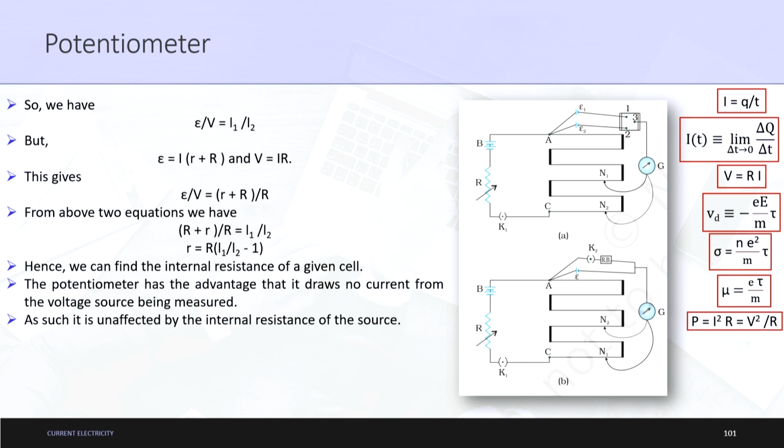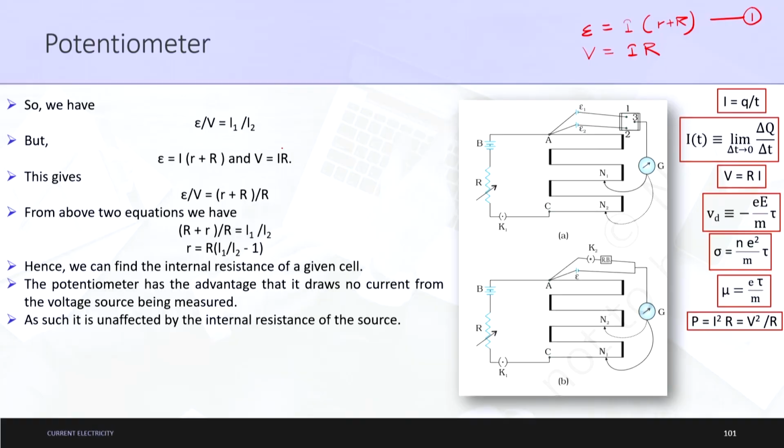Now, this epsilon is equivalently passing through a resistor of resistance small r plus capital R. But this potential difference V is only and only due to the capital R value here. This is a very important point. We know that the complete EMF is a complete utilization of both internal and external resistances.